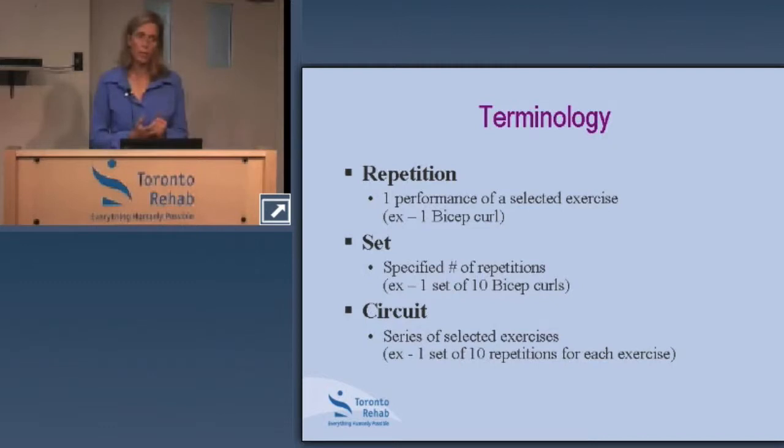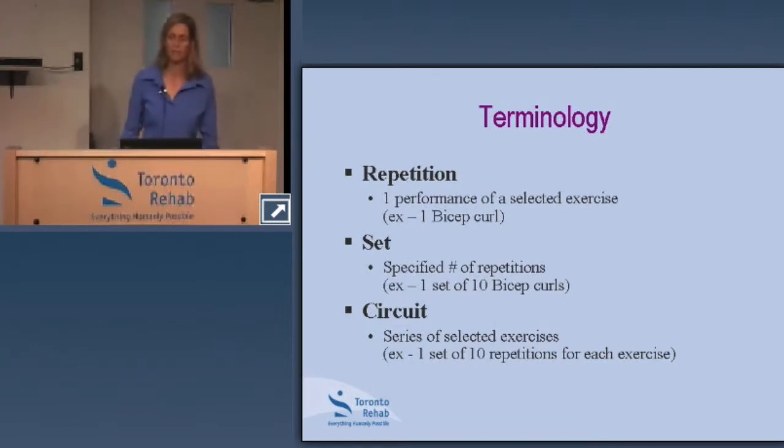A few terms that you will need to know are repetition: one single performance of a selected exercise is considered a repetition. So for example, with this bicep curl, I lift the weight up and lower it down, and that's 1 repetition. A set is a specified number of repetitions.